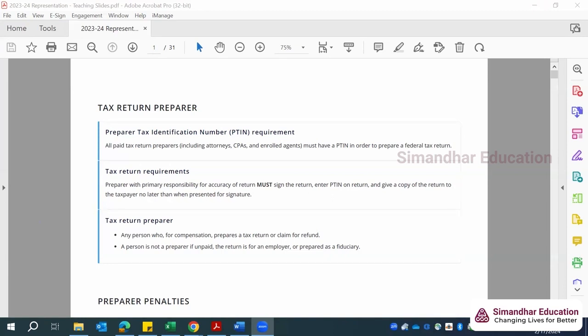At the end of the year, everyone has to renew their PTIN, because you have to renew your PTIN every year. Or if someone is joining the organization in between the year, the first thing that the compliance team is going to do is make sure that you have the PTIN. So PTIN is a must if you are doing compliance, or if you are helping in the preparation of the tax return. But how do I define a preparer? Again, the definition is very simple. Anybody who's getting compensated to prepare a tax return is called a preparer.